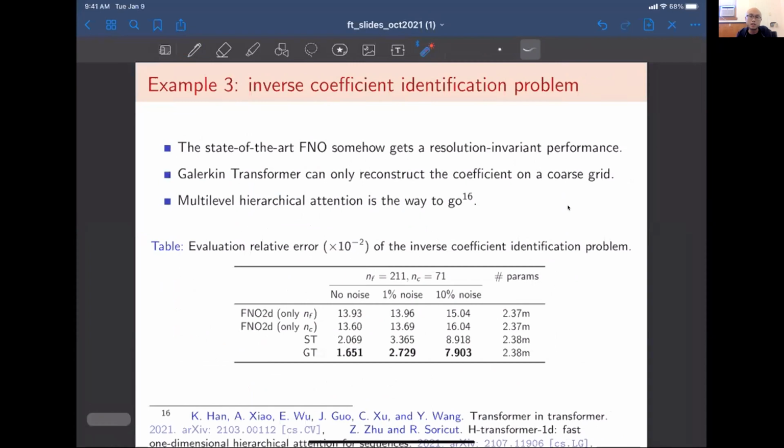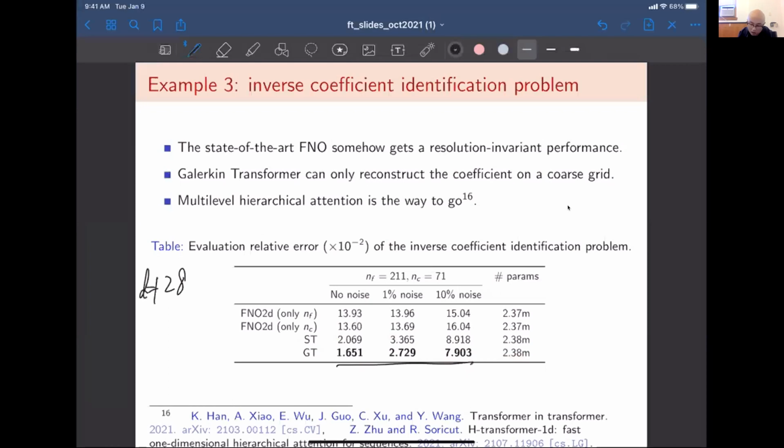This time, because our target is not smooth, we basically remove this Fourier layer as a smoother. We only use this Galerkin Transformer encoder, and we stack 10 of them, with D equals 128, and this is the result.